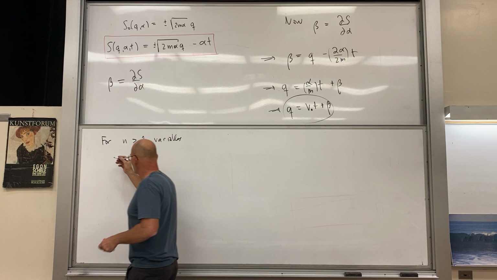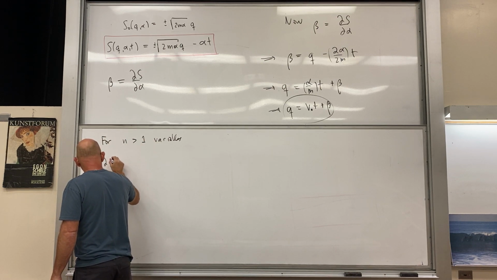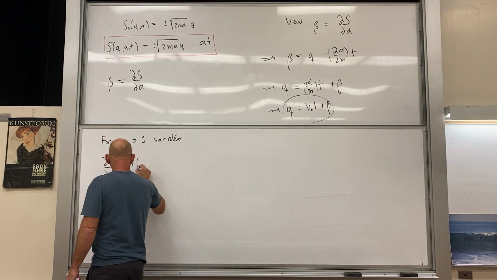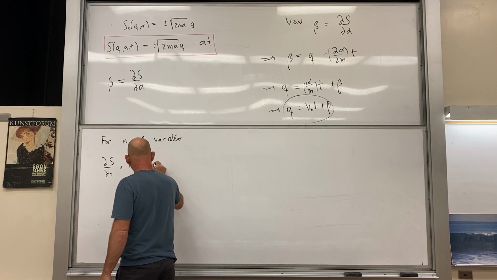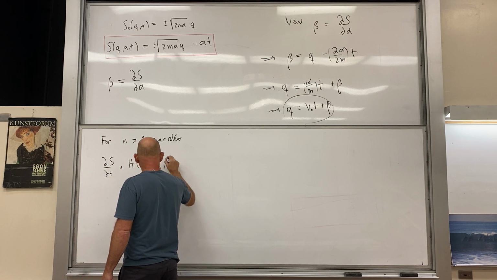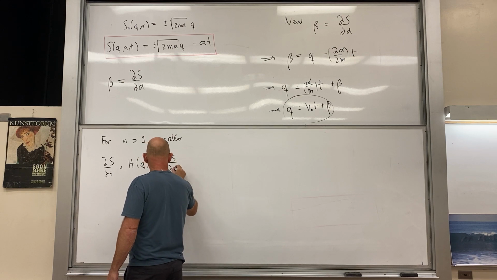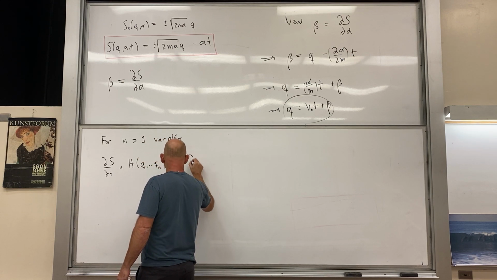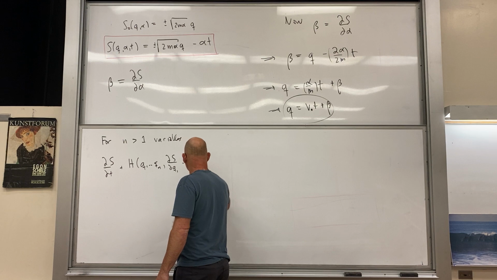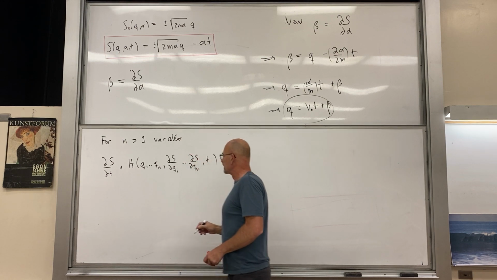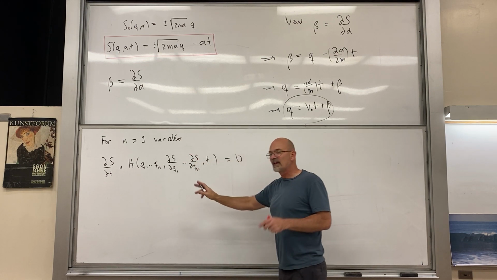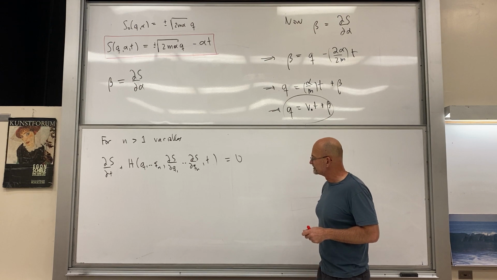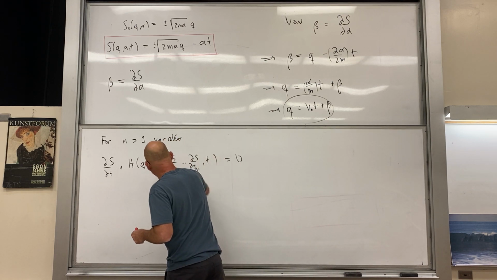So let's go ahead and just write down the Hamilton-Jacobi equation: dS/dt plus H of q1 through qn, dS/dq1 through dS/dqn, and t equals 0. So there's the Hamilton-Jacobi equation.